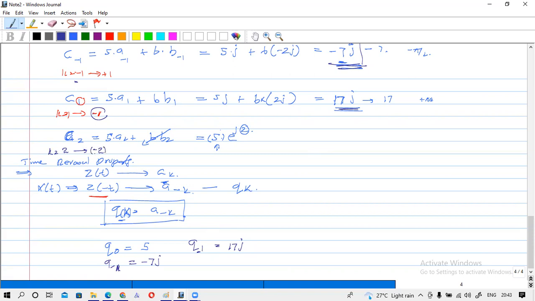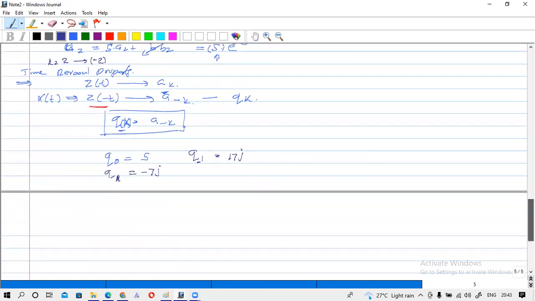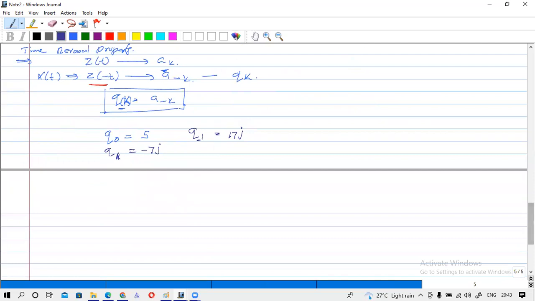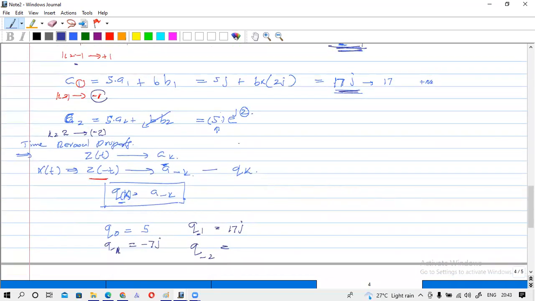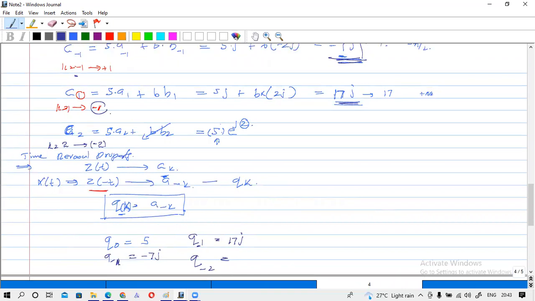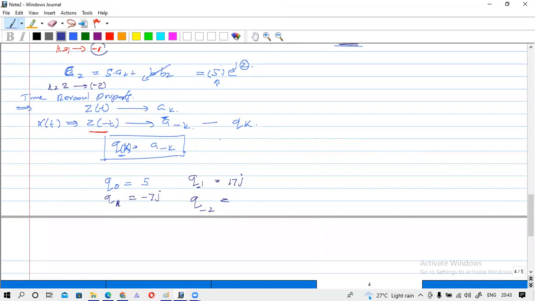So q minus 2 will be 5 e to the power j2. So these are the coefficients for z minus t. You have used the time reversal property.